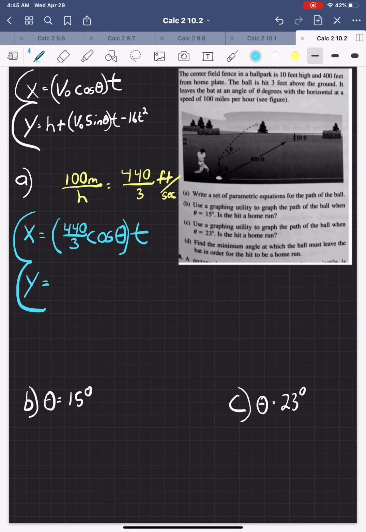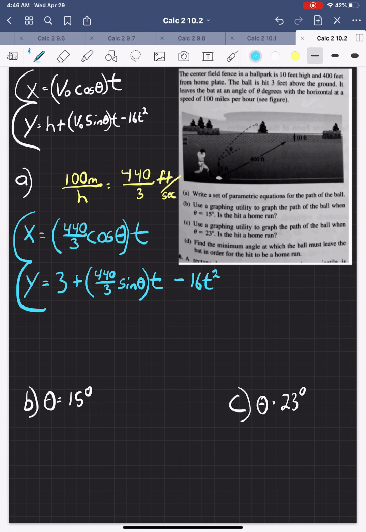Now the vertical height of the baseball can be modeled as h, which is the initial height, 3 feet, plus initial velocity, 440 over 3, times sine of some theta they haven't given us yet, times t, and now we can simply use minus 16t squared because our units all match up.